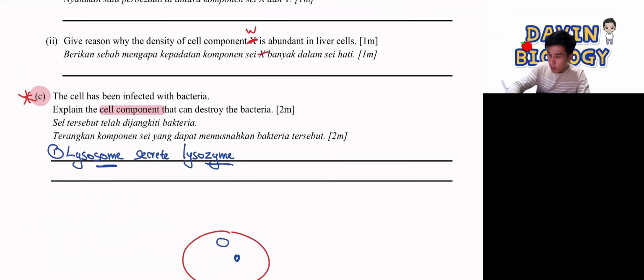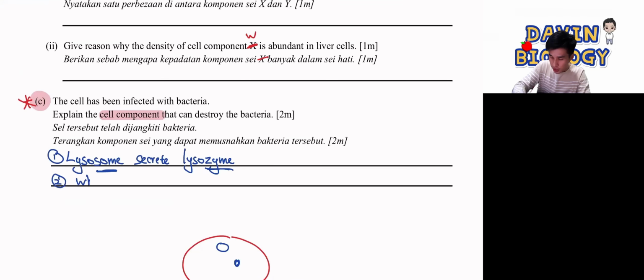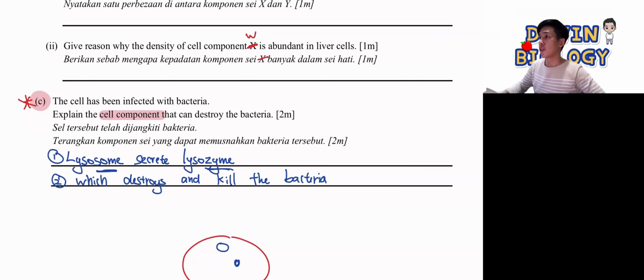Okay. Then they ask you how to destroy the bacteria. You can say which destroys and kill the bacteria. If say hydrolytic enzyme, is it correct?